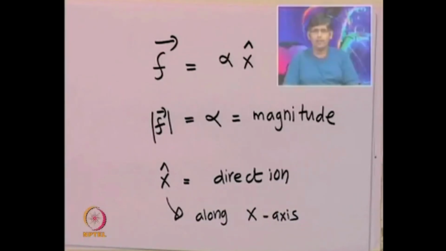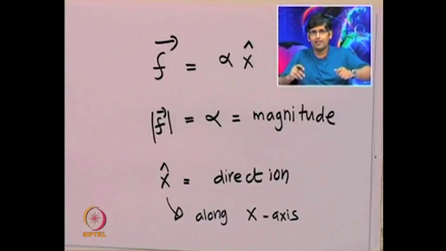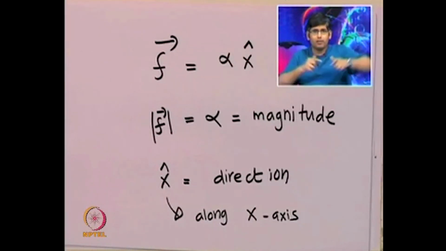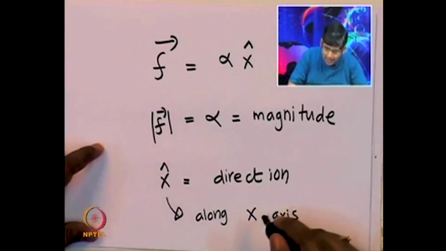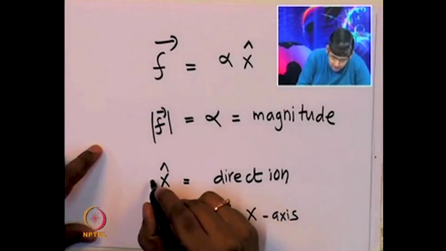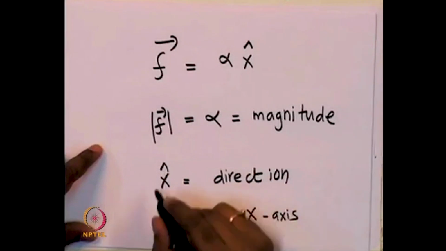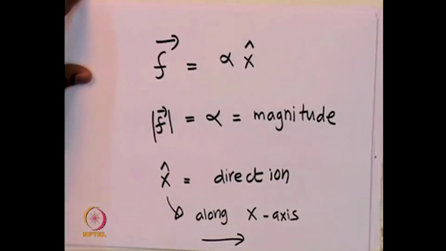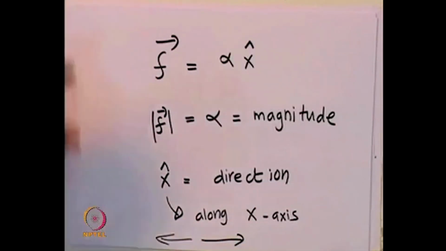This typically means along the increasing direction of the x-axis, because here there is a plus x. So this particularly means in this direction, as we said. Now let us say you have a force in the decreasing direction of the x-axis.